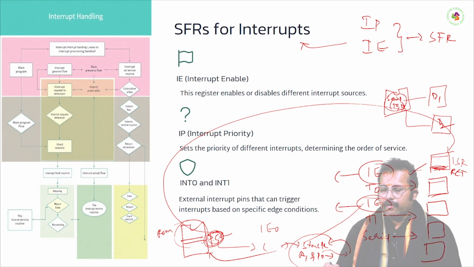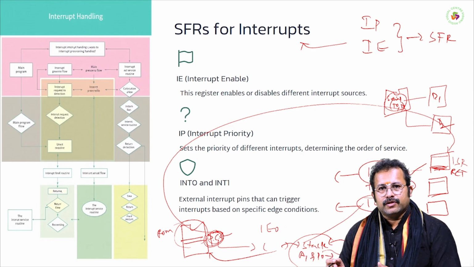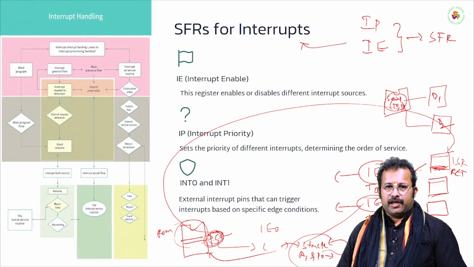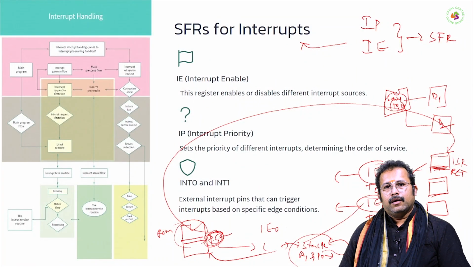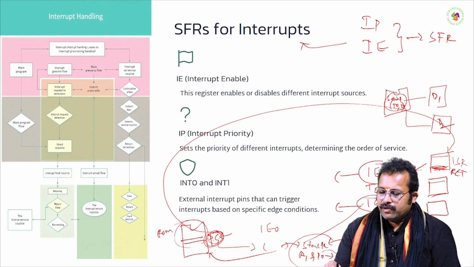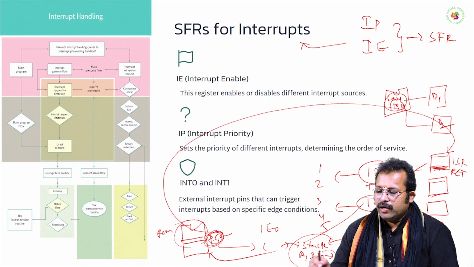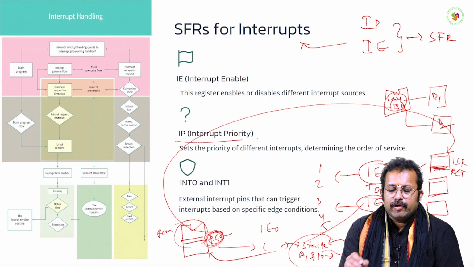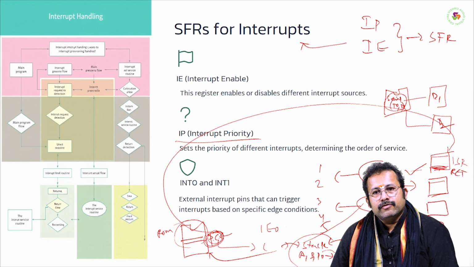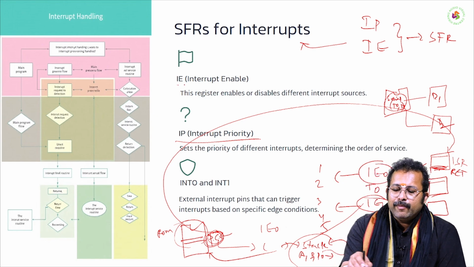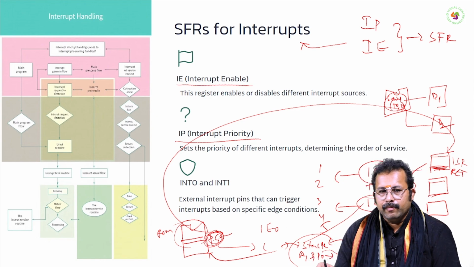If all the interrupts come at once while the main program is executing, then based on the priority order which I mentioned, 1, 2, 3, 4, the ISRs will be executed. That's how it is done. In order to change the priority, the interrupt priority register is used, and in order to enable or disable, if you enable, all will be enabled.